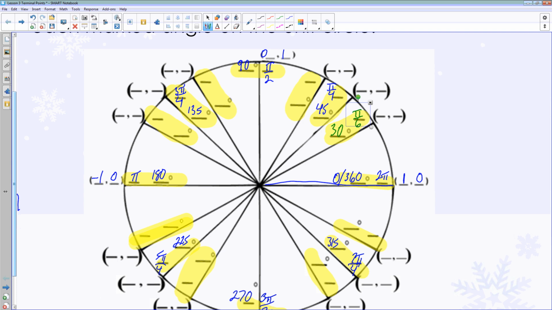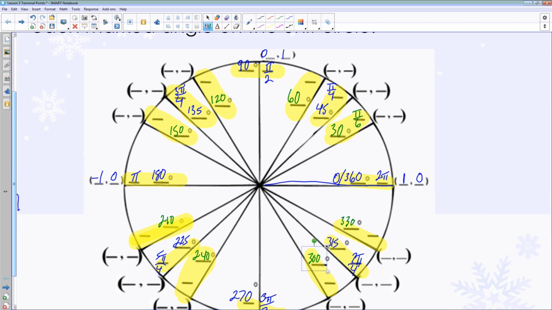So if I add another 30, I'm going to get to 60, 90, right? I'm just going to fill in all the degrees real quick. So 60, 90, 120, 150, 180, 210, 240, 270, 300, and 330.